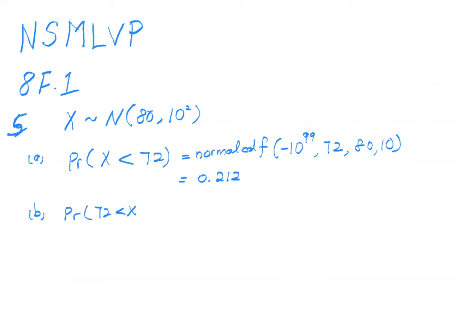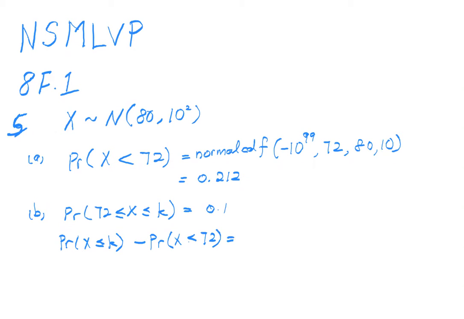Anything in between, we can split it into 2 parts. So this one, I can split it into 2 parts. I can say it is the probability of X less than or equal to K, take away the probability of X less than or equal to 72. Doesn't matter, got equal, no equal.